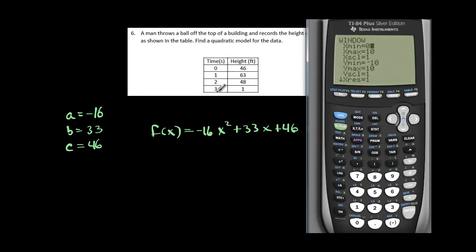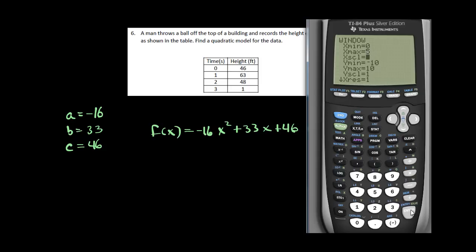Well, it's not going to be much higher than 3 because a time of 3 will give you a height of 1. So when the time, let's say, is 4, the height looks like it's going to be less than 1. But we don't want height to be negative because it won't make any sense to have a negative height. So it's not going to be much higher than 3. So let's just go to, let's say, 5. It's not even going to be close to 5, but let's make 5.